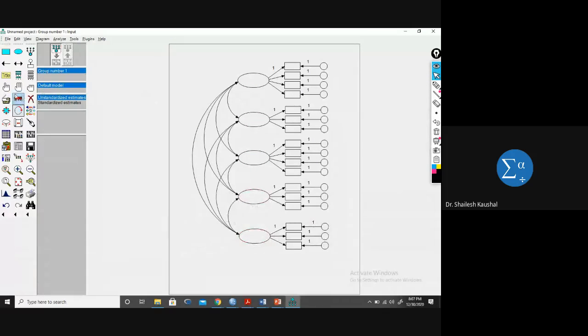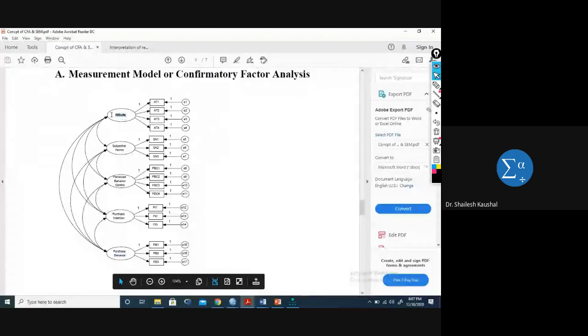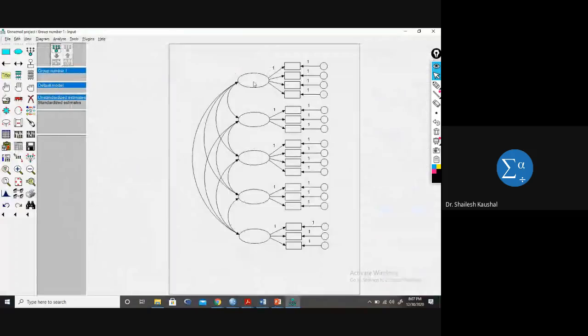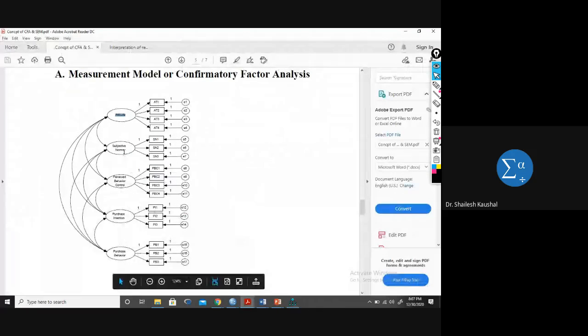Okay. Now I am naming all the constructs and the rectangles for measured variables. So I just copy Attitude. This is the Object Properties, so I am changing the font size. Next, the subjective norm.